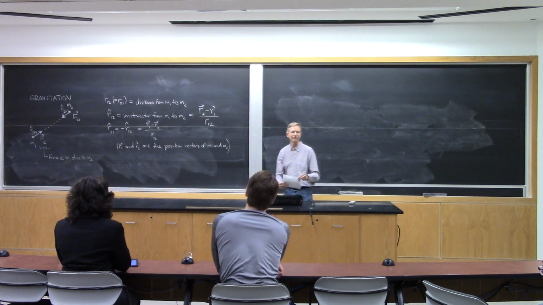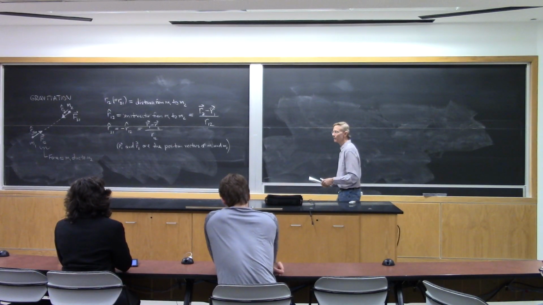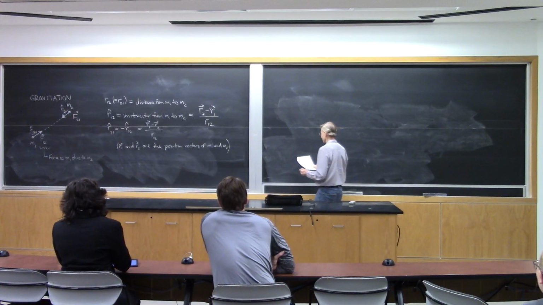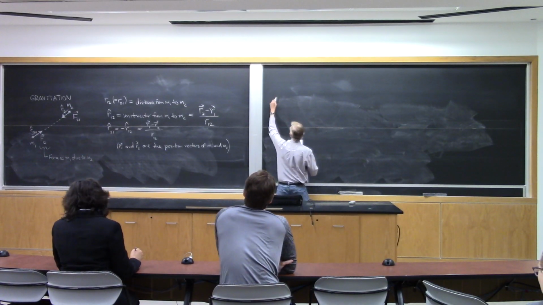That's the whole point of defining potential energy the way that we do. Well, let's go ahead and define it that way so that you can see it for yourself in action.